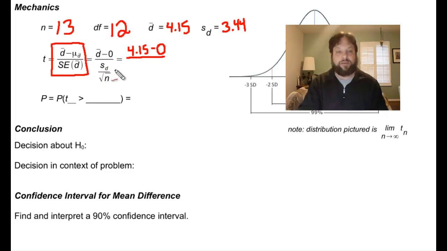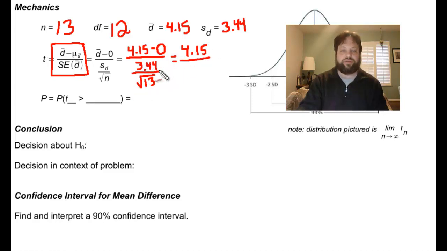Now, if we take a look at the bottom, this is a pretty standard formula for the standard error of our sample. Of course, s sub d, we have that right here. That was 3.44. And we just divide that by the square root of the sample size. And this will give us our standard error. Now, just continuing this out, of course, the numerator is just going to be 4.15. That's just going to be the difference.